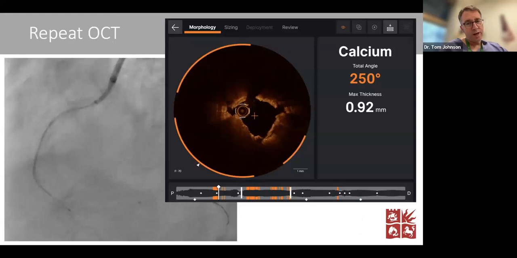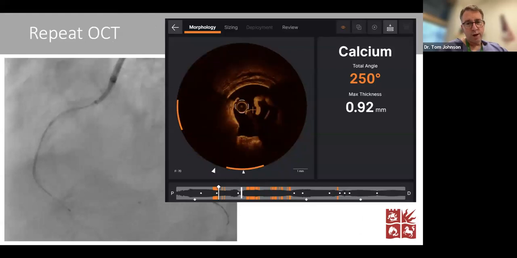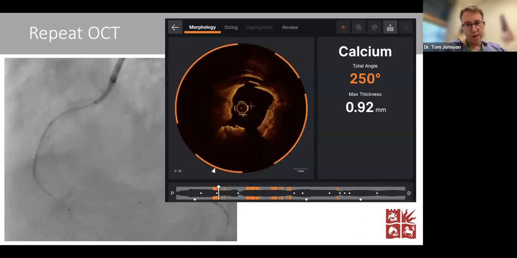Yeah, I think that's a really good question. I don't think we know precisely. So this issue around enhancing vessel compliance, I think you have to use a combination of the angiographic appearance of how your balloons behave and the information you get from the imaging.